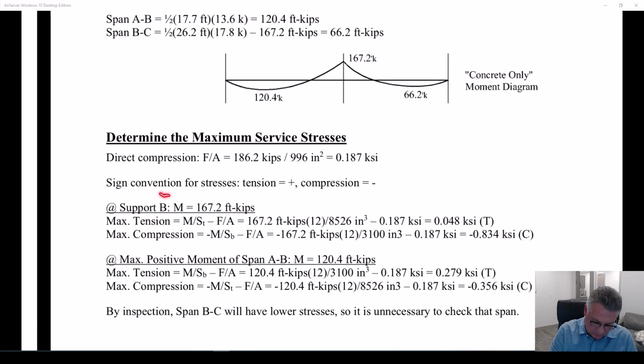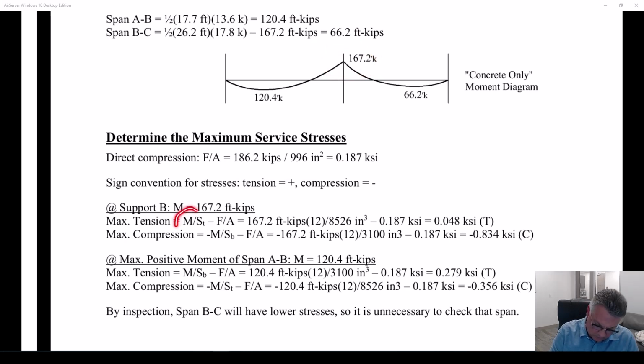So I'm looking at support B, this 167.2. What are the stresses at the top and the bottom? Well, here's the stress at top. The moment diagram tells me that the M over S portion of this has tension at the top.